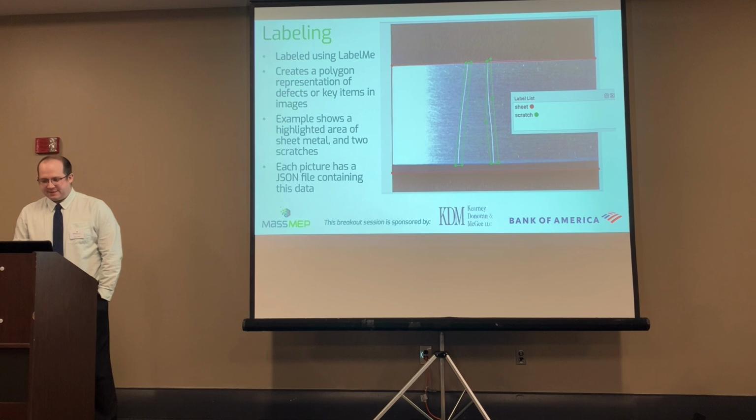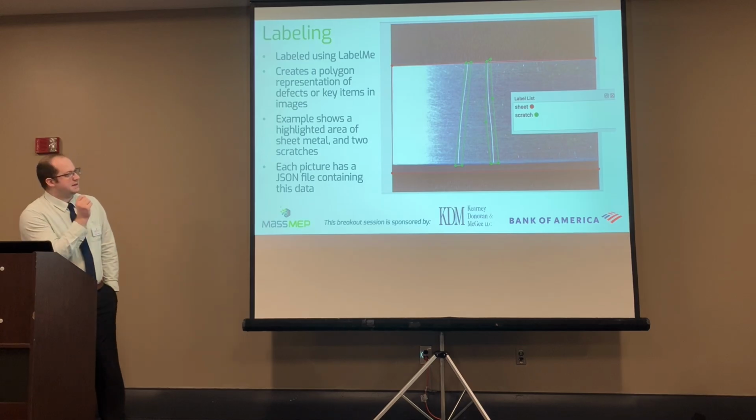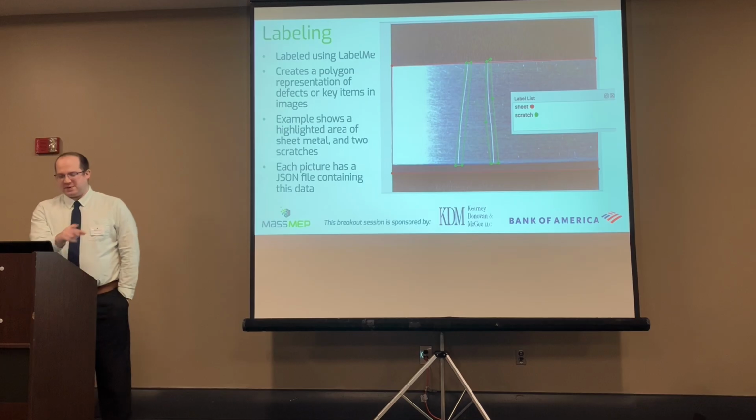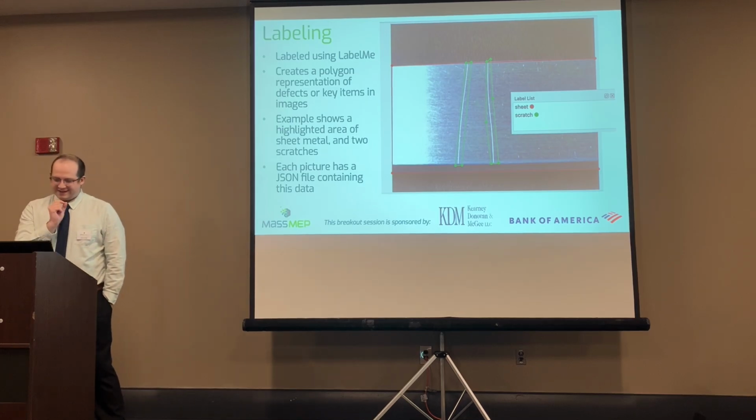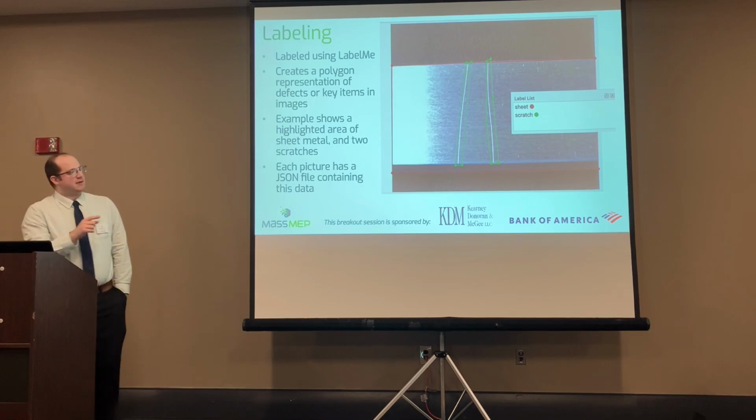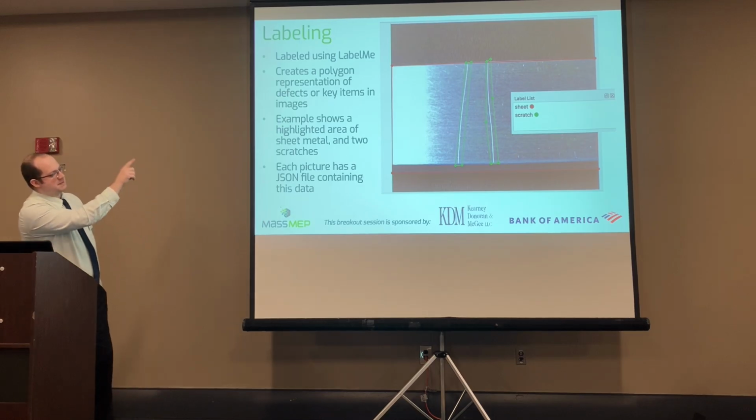For our labeling, this is the most important step by far. We took a lot of photos and we used our LabelMe program to try to identify areas. You can see very, very faintly, these red lines here are a piece of sheet metal.